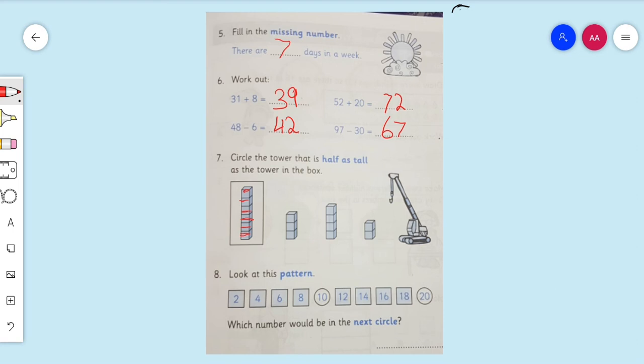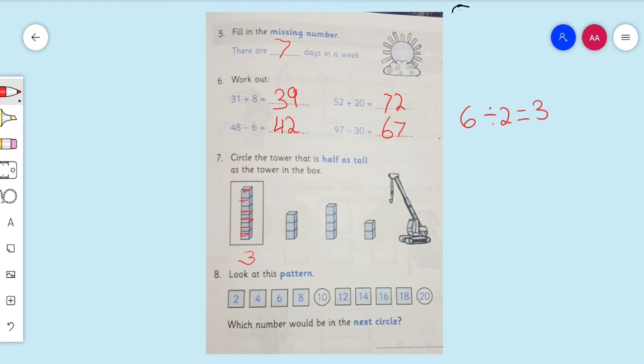There's 6 blocks, and half of 6 is 3. When we're doing half, it also means something divided by 2. So in this case, we need to do 6 divided by 2, which equals 3.